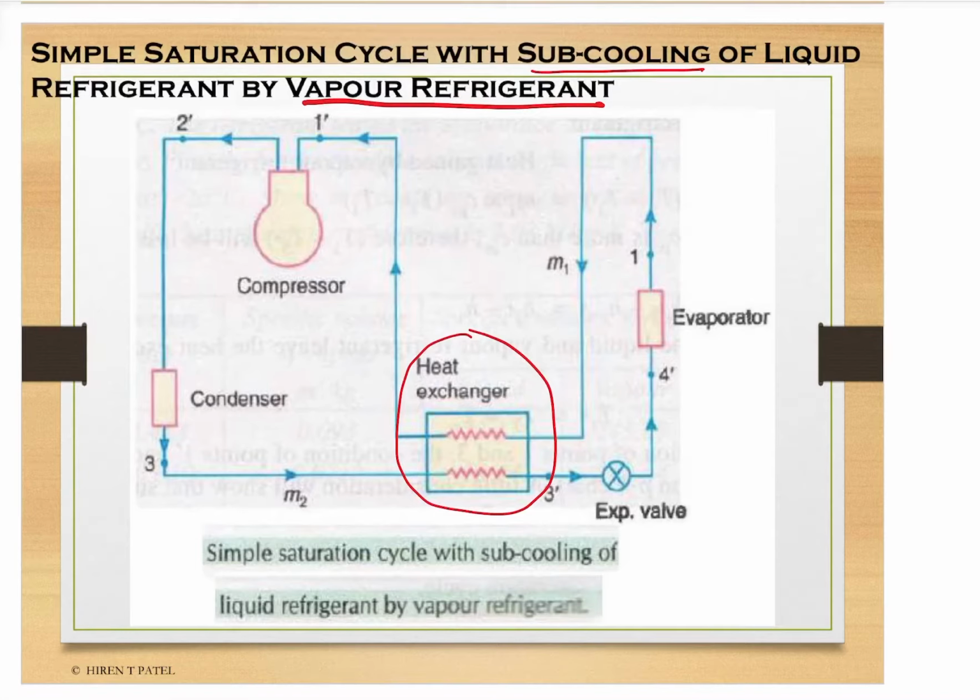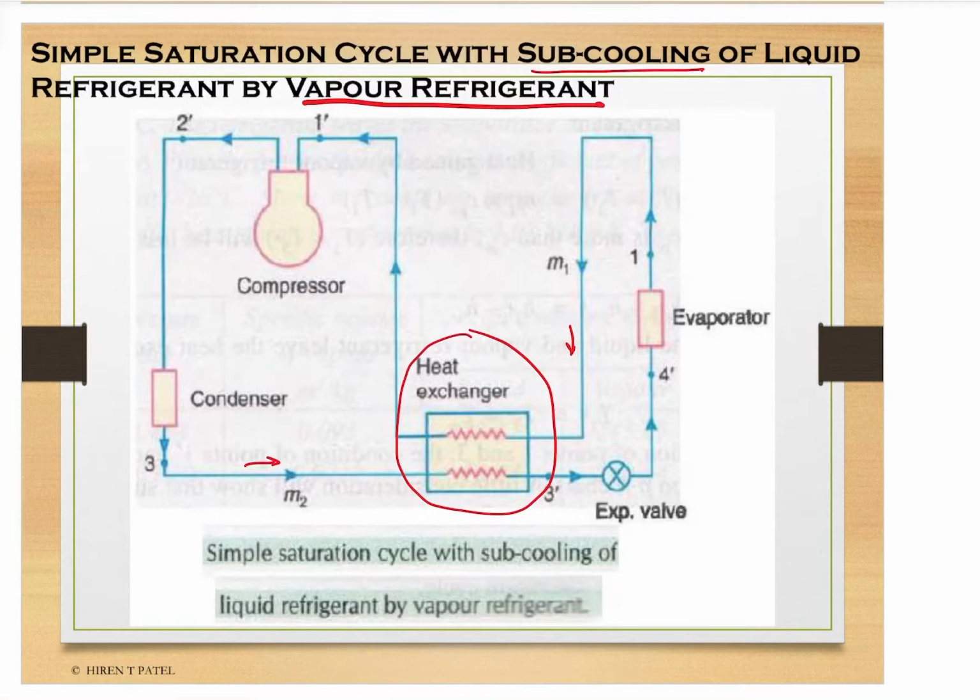So here we can see that a heat exchanger is provided in the system. As we know, the liquid refrigerant leaving the condenser is at a higher temperature than the vapor refrigerant leaving the evaporator. So both have different temperatures.